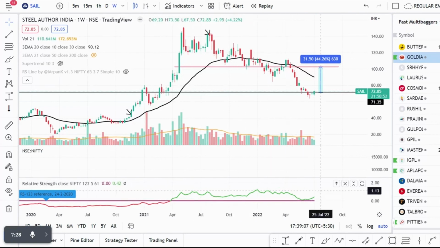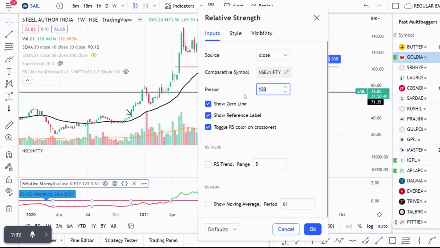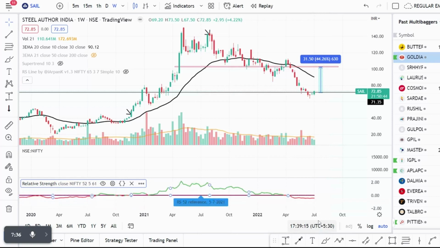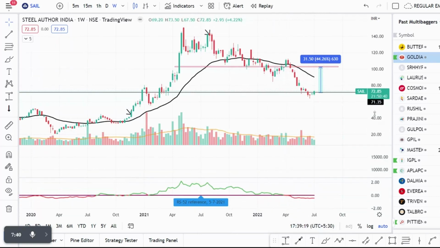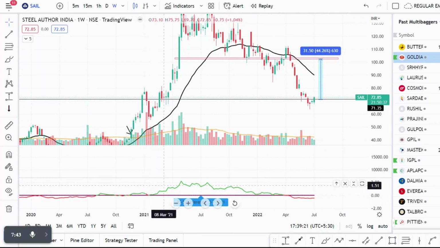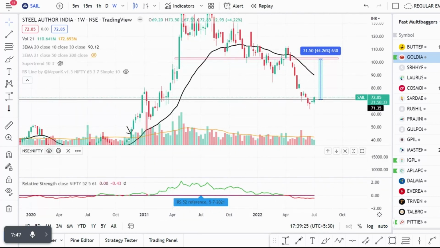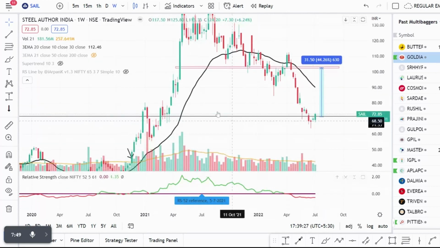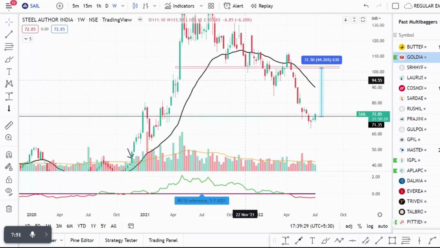Here we see that as long as the relative strength line is in green, the stock is moving up continuously in a very good manner. And even if the stock is sideways, the relative strength line turns into a green zone. But here, finally, the relative strength line has given a sell signal, which means that the stock has started to underperform the benchmark index.